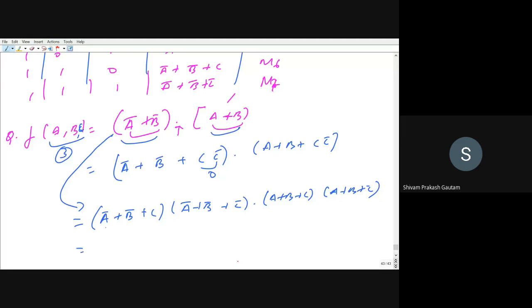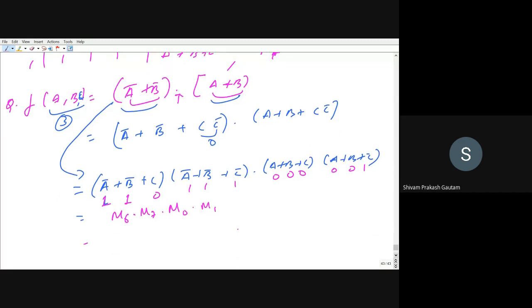So here you can see a bar is represented by 1 1 0. This is 1 1 1, 0 0 0, and this is 0 0 1, right? So this is represented by max term of 6 dot max term of 7 dot max term of 0 and max term of 1.